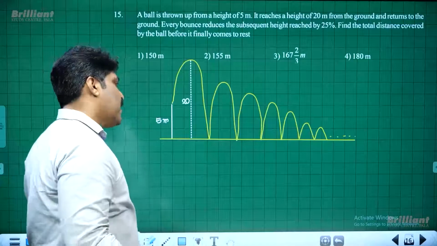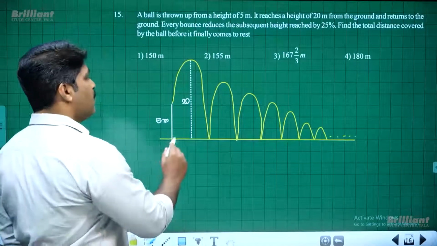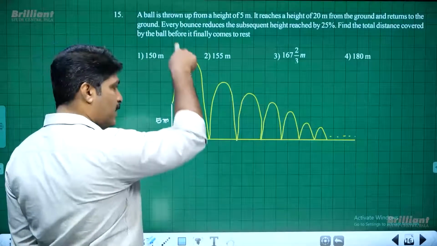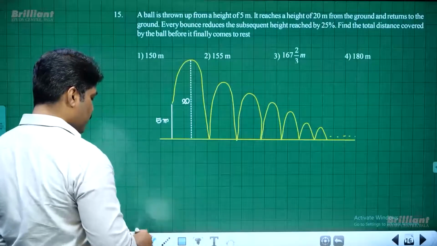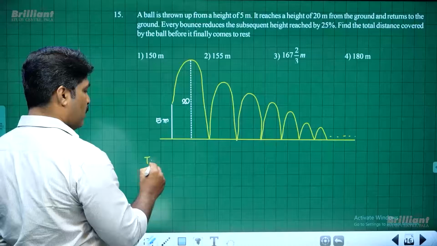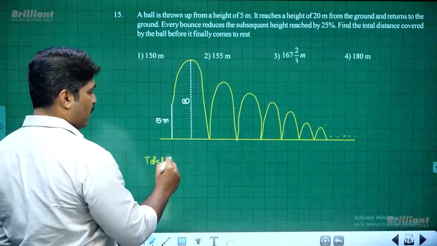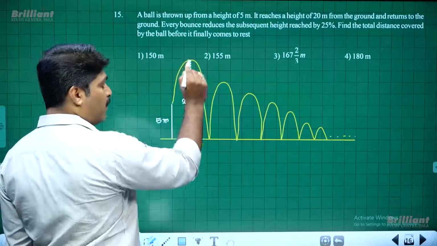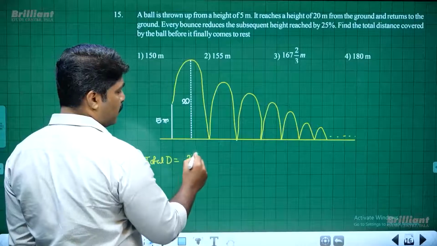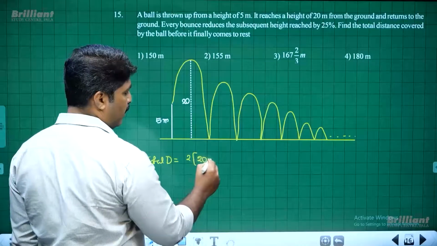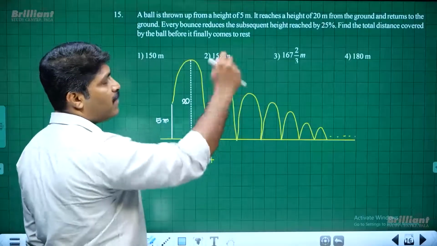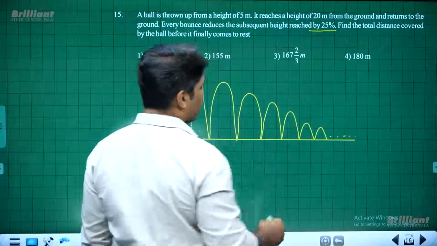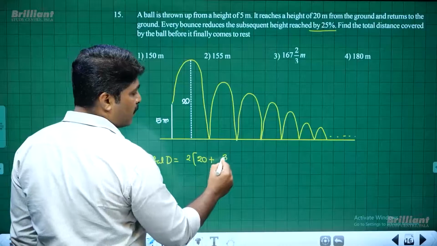So here the first 20 as height, then 20 down. Total distance traveled: 20 upward, 20 downward, so that means 2 times 20 plus. Here 1/4 is reduced because there is a decrease of 25%, therefore 3/4 remains.